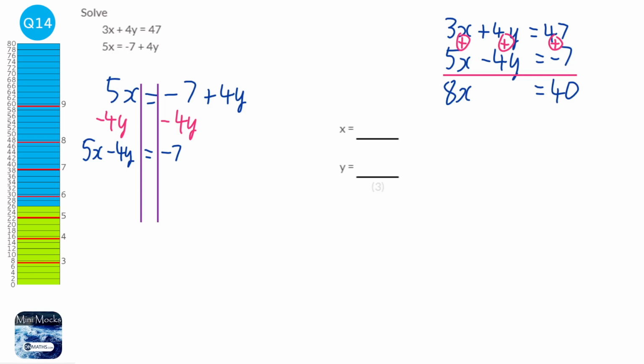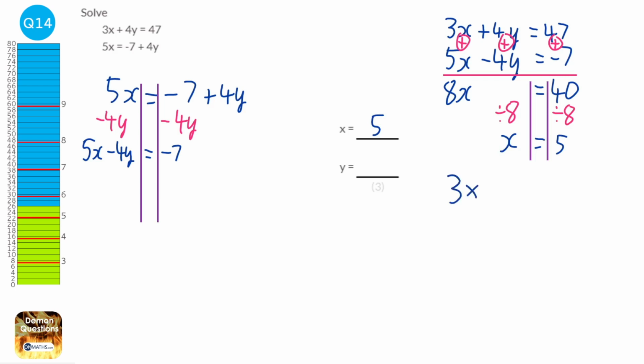All right. Let's put our solving lines in, and we're going to divide by 8 both sides. So we get x equals 5, and we're going to substitute that value into one of the equations. I'm going to pick this top one. So instead of 3x, we're doing 3 times 5 plus 4y equals 47. Get my solving lines in.